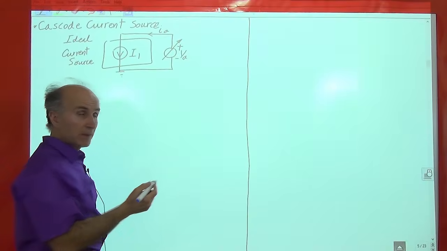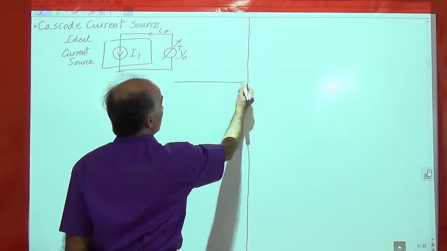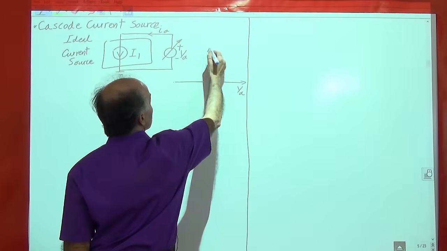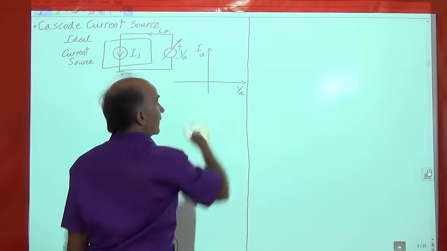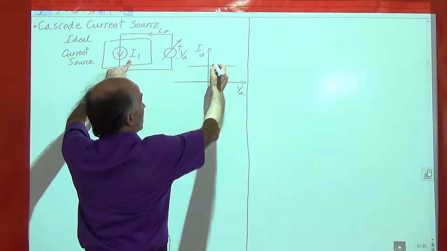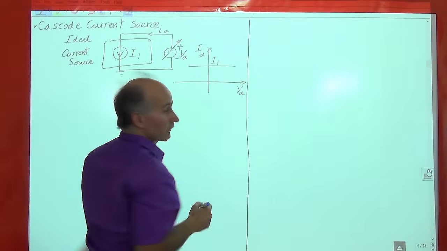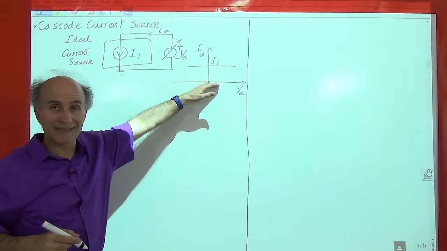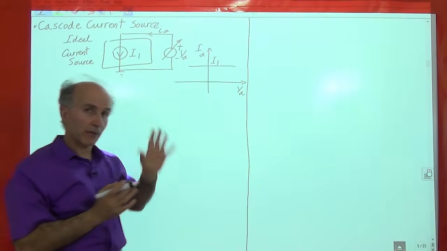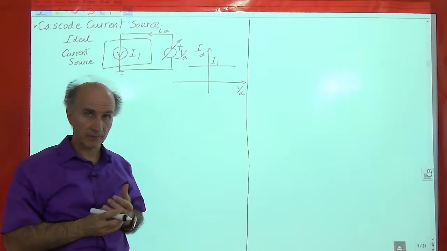And what I expect to see is the following. As VA goes from minus infinity to plus infinity, IA is always constant and is always equal to this value, I1. Okay, very simple. The slope of this characteristic is 0. It's a flat line. Okay, so that's what we mean by an ideal current source.